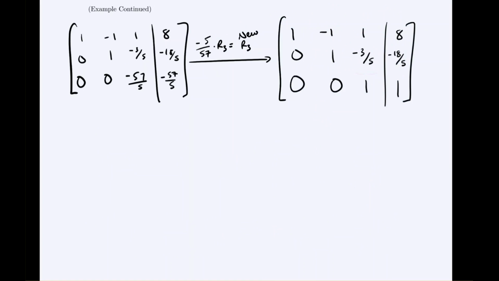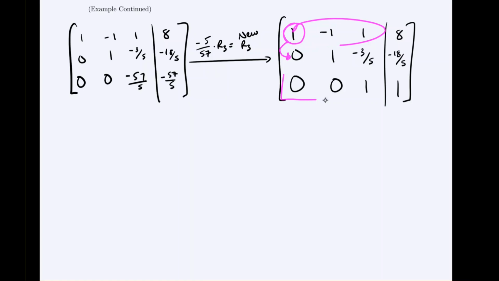Remember, to get zeros, you can't multiply your way to 0. You've got to add another row times maybe some constant to that to make it 0. So what would cancel with negative 3/5 would be a positive 3/5. In this case, we don't want to multiply this one, because whatever we multiply it by, this 1 will change, and that will stop this from being a 0.